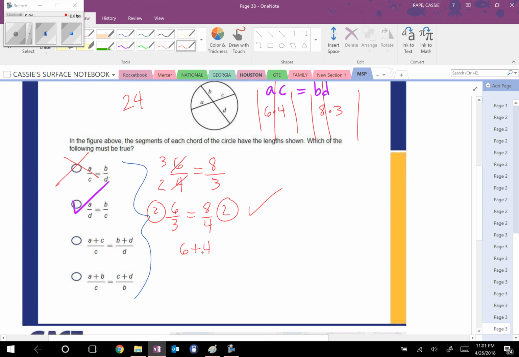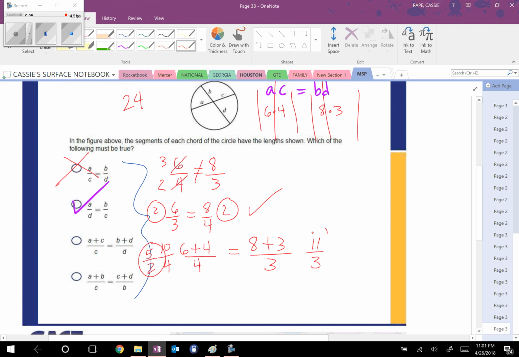The claim is that that's the same as B, which is 8, plus D, which is 3, over D, which is 3. Okay, so 6 plus 4 is 10 fourths, which is the same as 5 halves. Is that the same as 8 plus 3, which is 11 over 3? No, those are not the same. So it cannot be C.